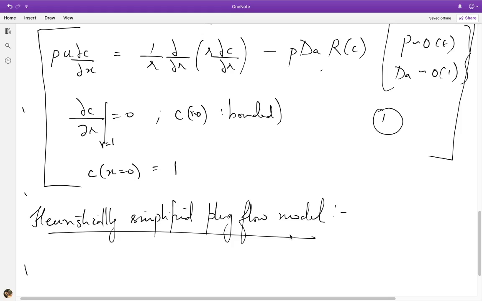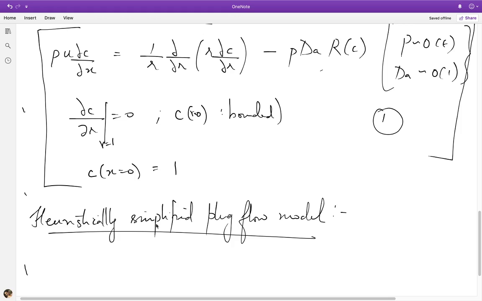So the heuristically simplified plug flow model says a priori, even without scaling, that you have no concentration variation in the radial direction because you have perfect radial mixing. That is typically the way this idea is introduced. If I have no concentration variations in R, the diffusion term just goes to 0 and I directly get only the convection balanced by the reaction.